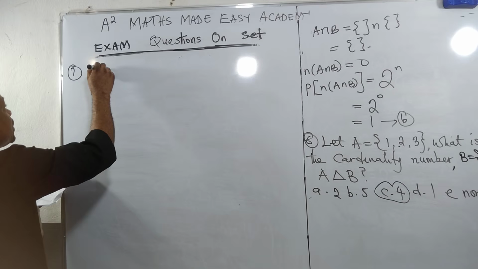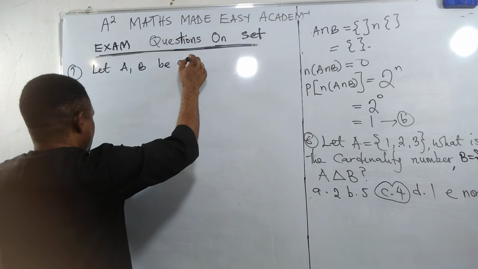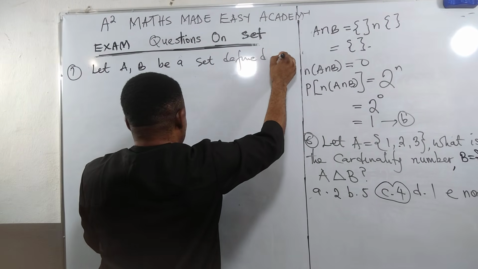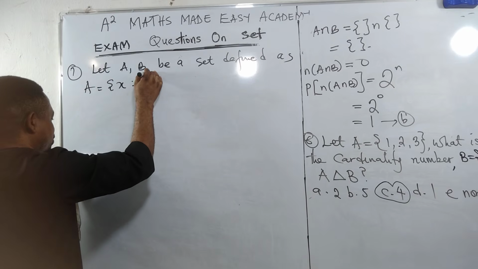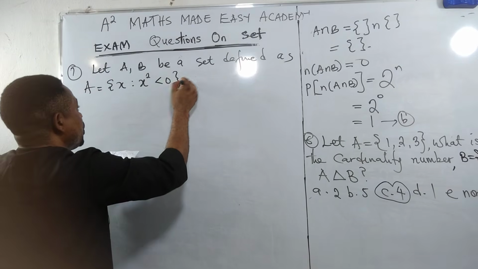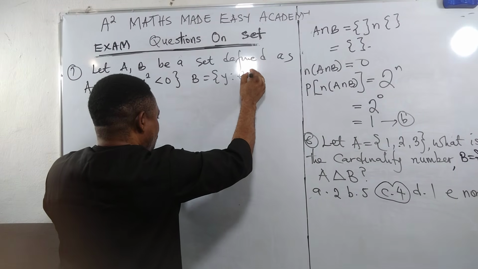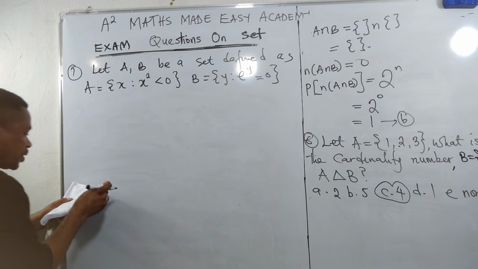Now the question says, let sets A and B be sets defined as A equal to x such that x squared is less than 0, and set B is given as y such that exponential y is equal to 0. Now, what is the question?